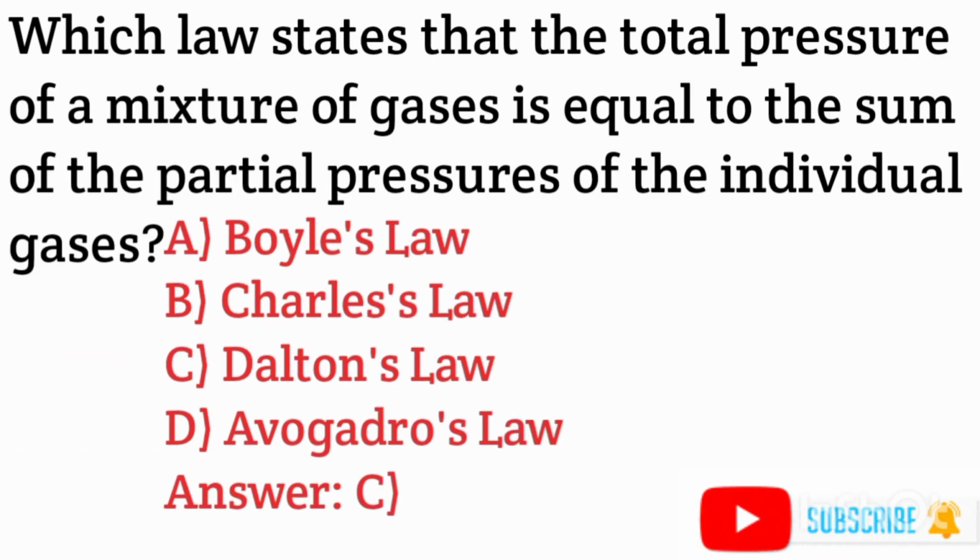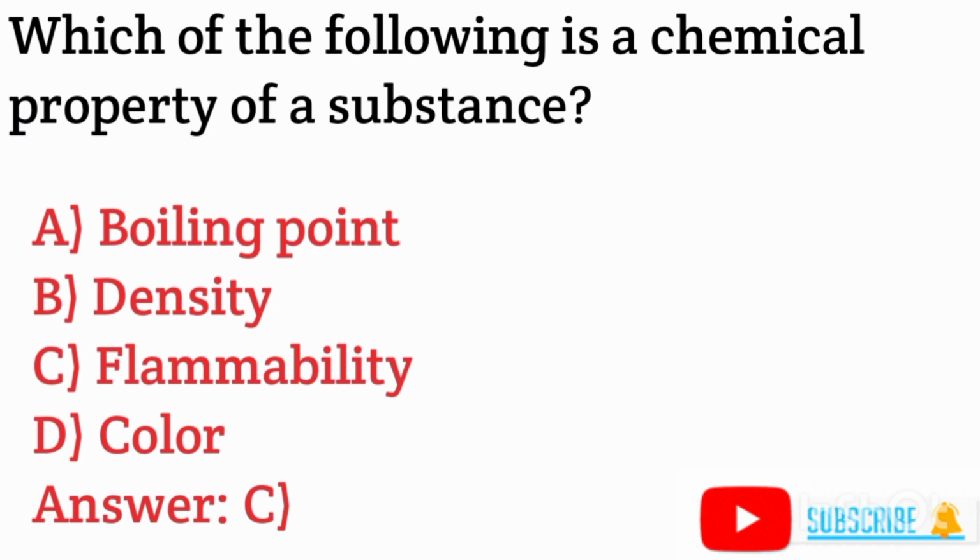Which law states that the total pressure of a mixture of gases is equal to the sum of partial pressures of the individual gases? Dalton law. Option number C is correct. Which of the following is a chemical property of a substance? Flammability. Option number C is correct.